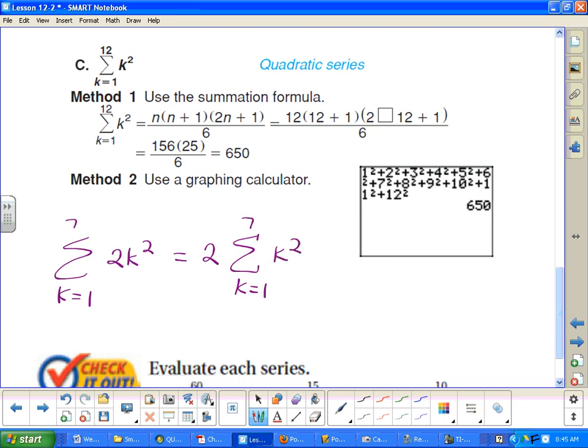So what I can do is find the value of the sum from 1 to 7 of k squared and then just double my answer. Okay? So I would find the sum and then multiply it by 2. So if I had 2n, I could do the same thing. Just find the sum for n, or for k, and then multiply it by 2, or by whatever. If you had negative 5 here, then we could just multiply it by negative 5. Find the answer and multiply it by that constant.